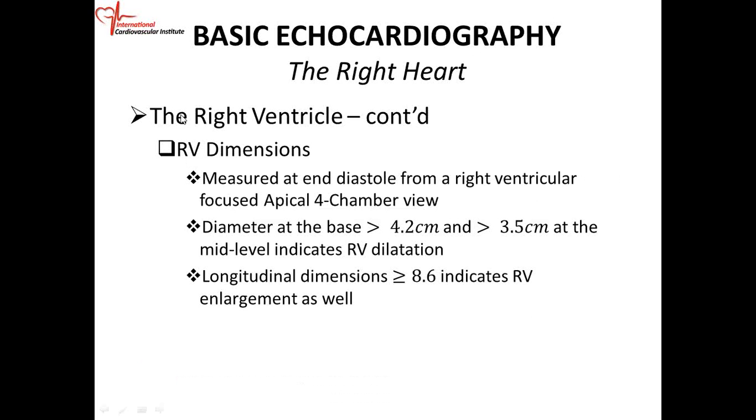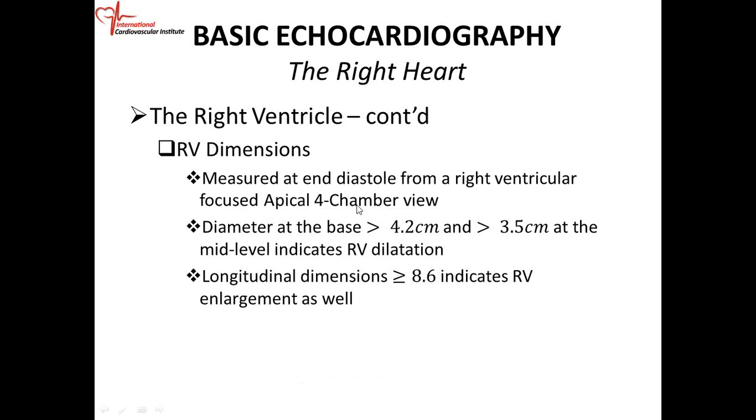All right, so again, measurements are taken at end diastole, when the heart is fully dilated and filled with blood. And again, it's a right ventricular focused apical four-chamber view.